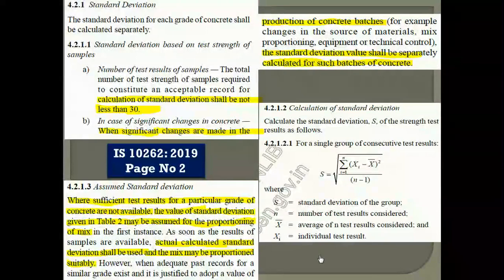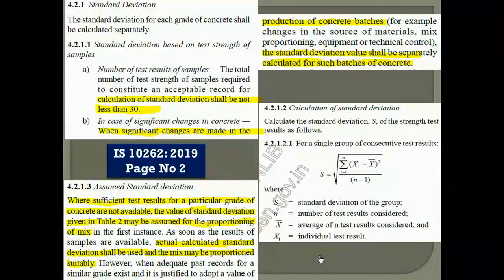When significant changes are made in the production of concrete batches, the standard deviation should be calculated separately for each batch. As you all know, whenever we prepare concrete batch by batch, there should be uniformity in all the batches.